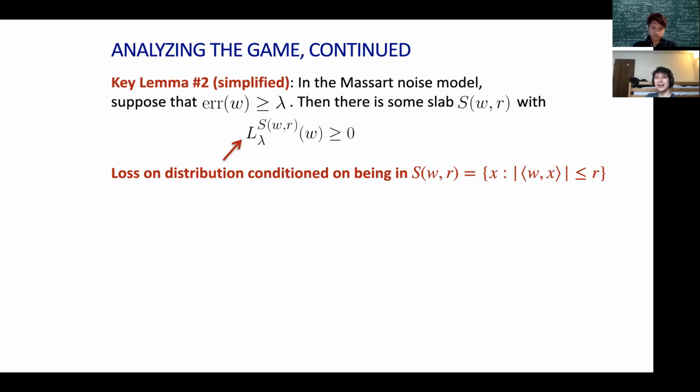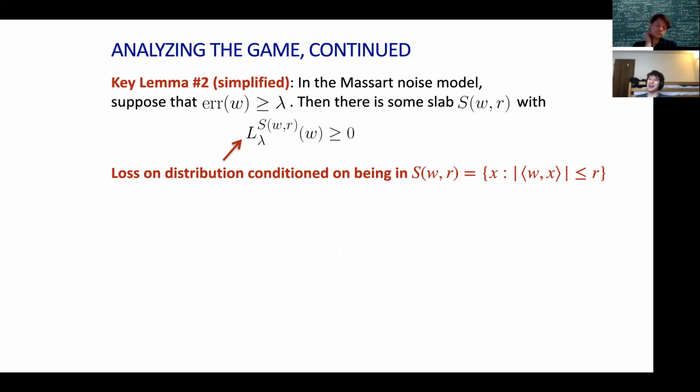Second key lemma: we need to understand what happens for the other w's that are not w star. So we know for w star, the loss is negative. Actually, that's also true, since we just proved a general result for the Massart noise model. So I can reweight the measure on x in any way, and the loss is still negative.